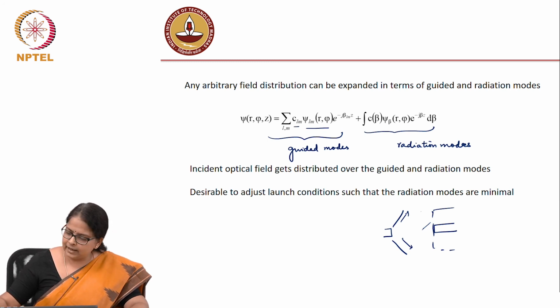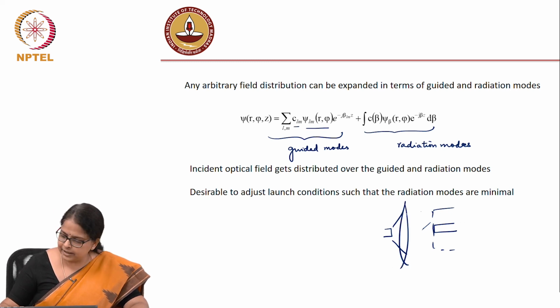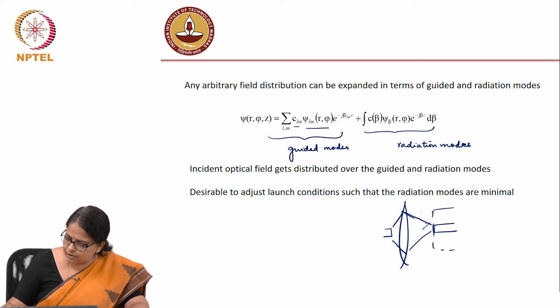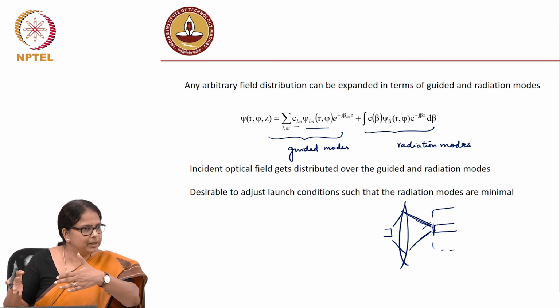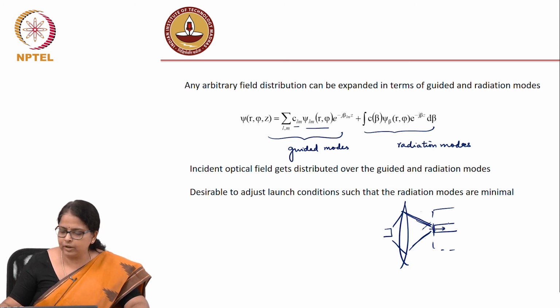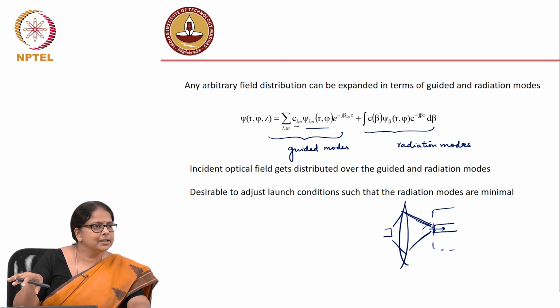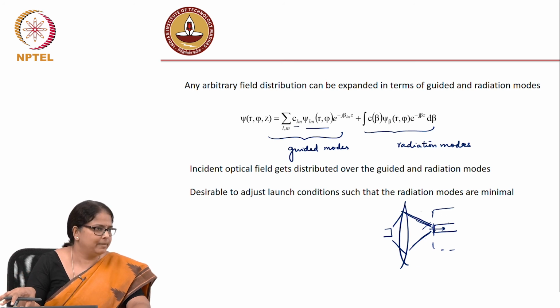So, instead if you put a lens, I should draw a big lens here, and try to focus the light into the fiber such that my focusing angle now matches the numerical aperture acceptance angle of the fiber, then I can assure that all my energy is in the guided mode. Okay. So, that is a fiber launch condition.